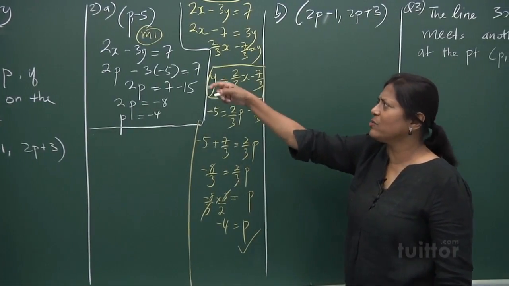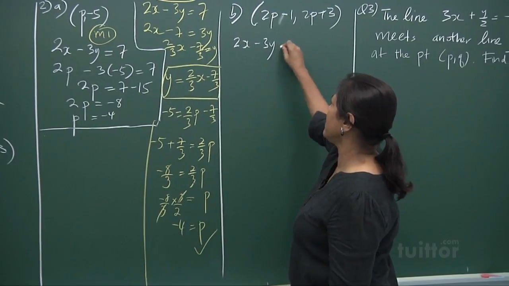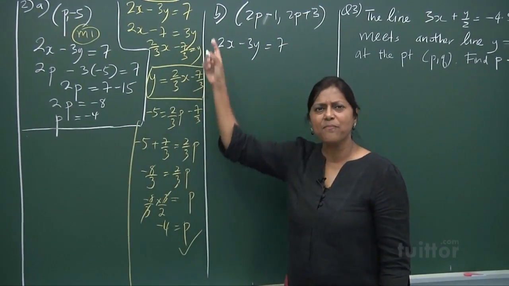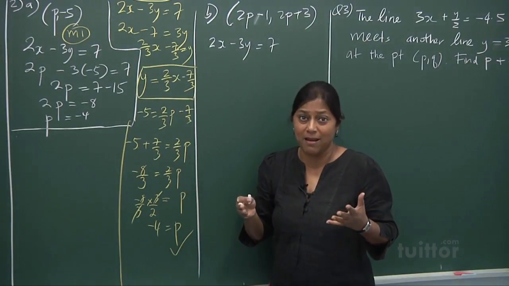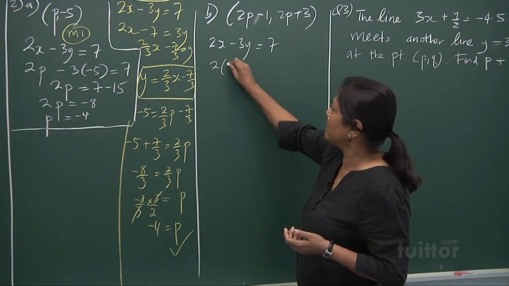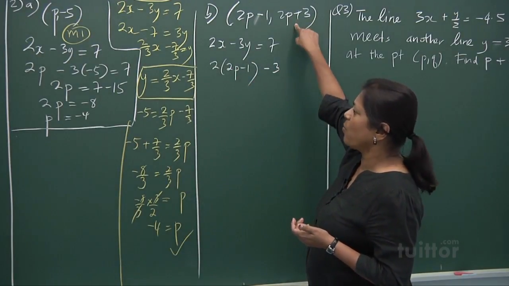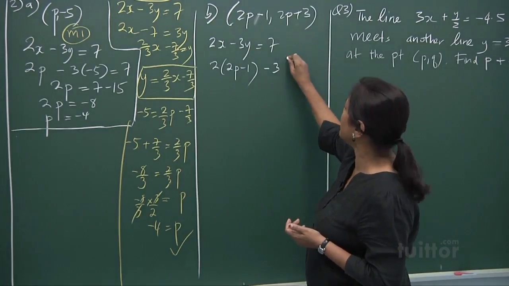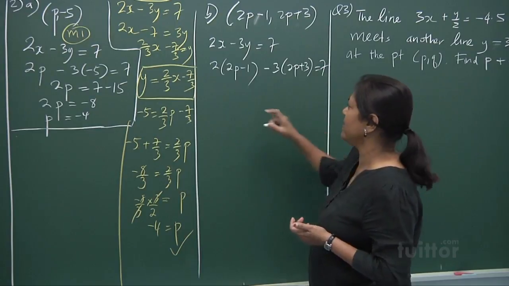Substitute this right into the equation 2x minus 3y equals 7. I think you look at it and it looks just as easy. Might as well put it in. Take your x, fit it right in. 2 times 2p minus 1, minus 3 times y, and y is 2p plus 3. Write that out, and that's equal to 7.